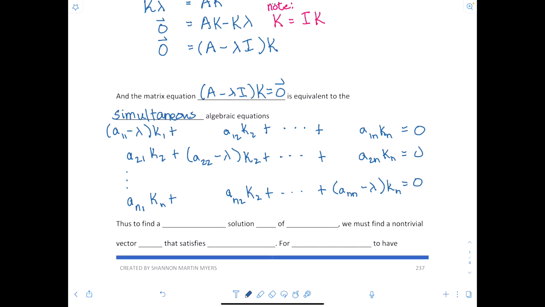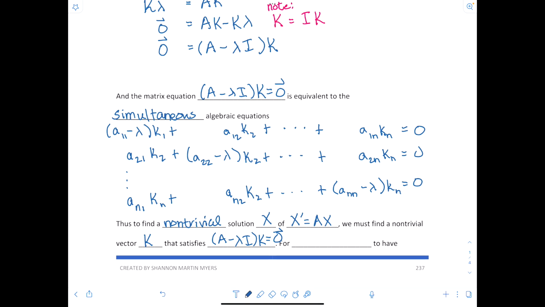Thus, to find a non-trivial solution X of X prime equal to A times X, we must find a non-trivial vector K that satisfies A minus lambda I times K equals the zero vector.